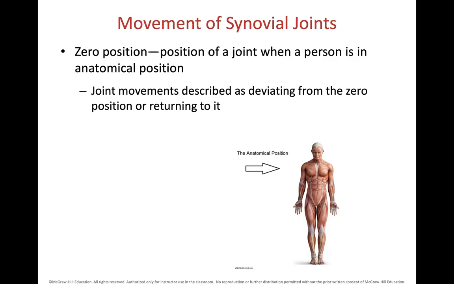The terms that I'll go over are basically going to talk about deviations away from zero position or back to it. So when you flex your arm, you're moving away from zero position. When you extend your arm, you're moving back towards zero position to be back in anatomical position. Keep that in mind as I go through these different terms.